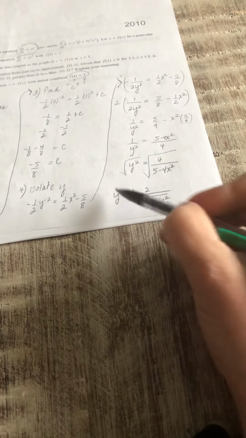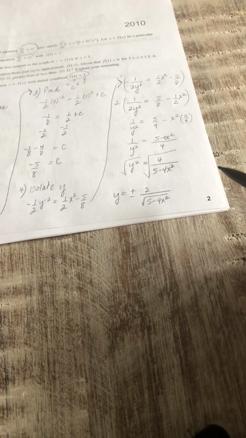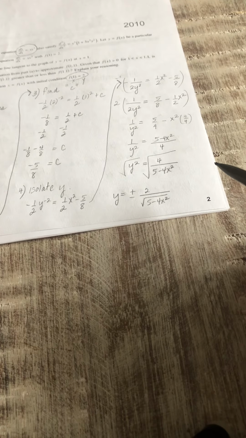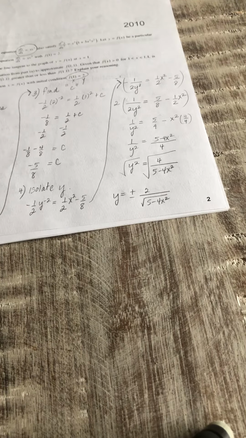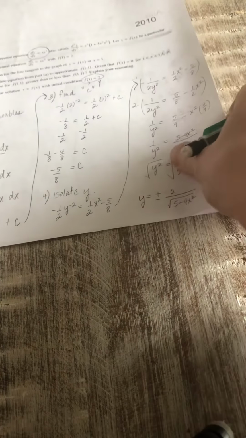Okay, now, we're not ready to circle this as our final answer because we do have to do step number 5, which is to check the initial condition. Now we have two equations that are possible answers, right?